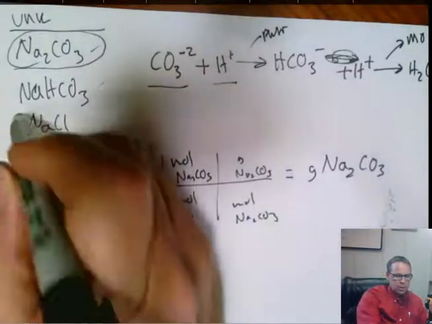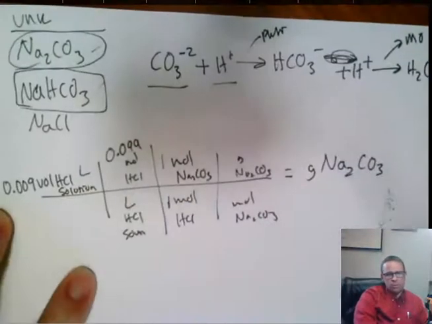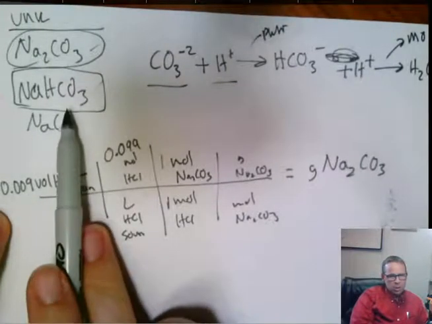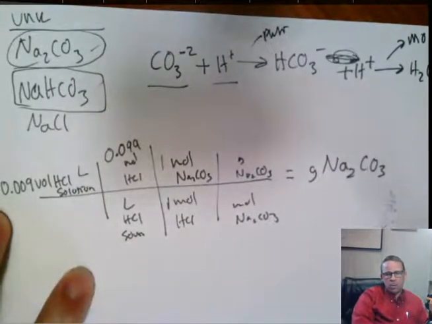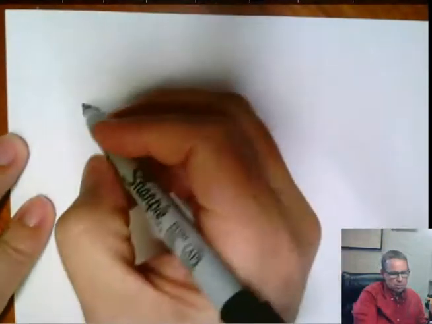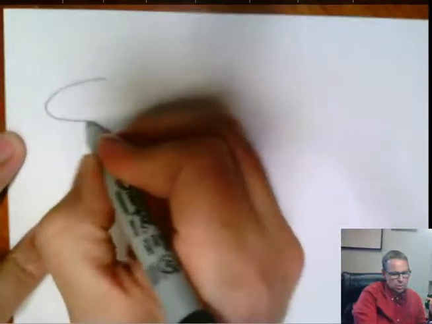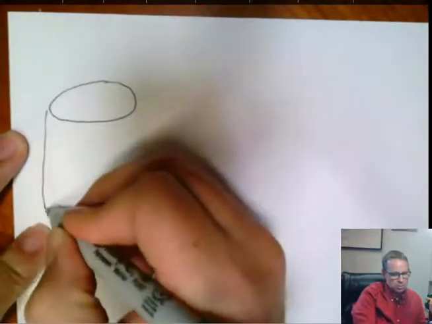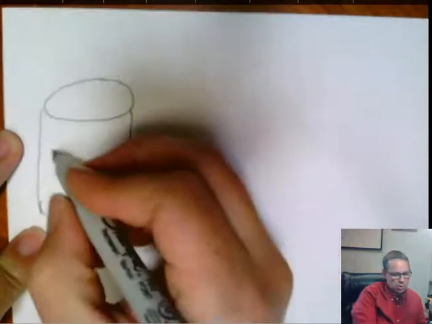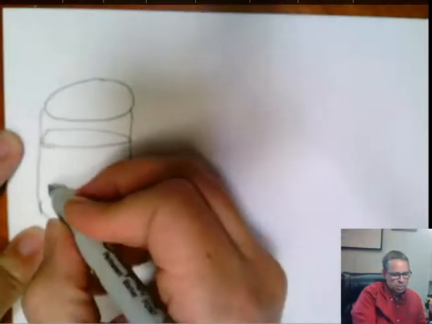Now, that's hopefully more straightforward, but how do we determine the concentration of the sodium bicarbonate? Okay? For the sodium bicarbonate, we have to think about what's happening in our mixture. So here's our container that we have our unknown in. It was in some water.